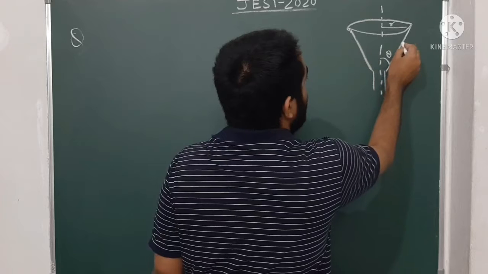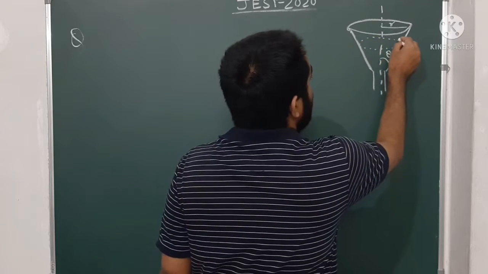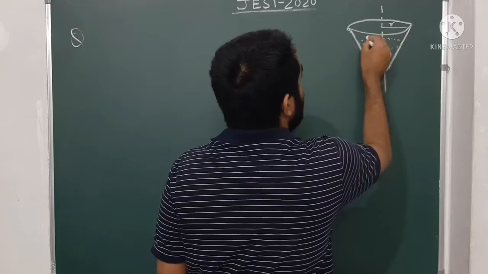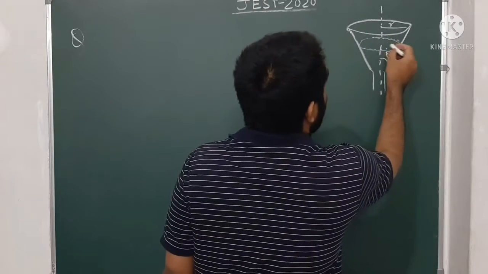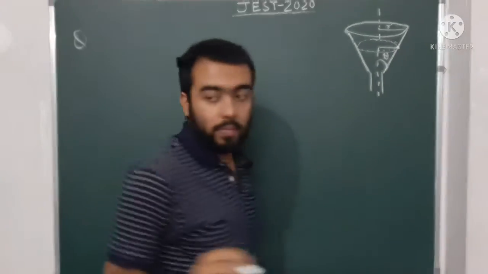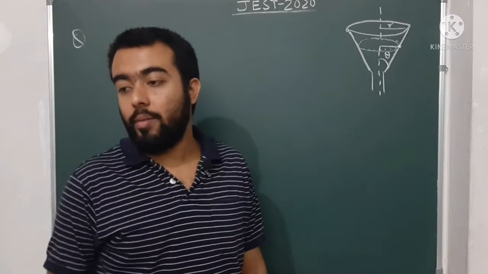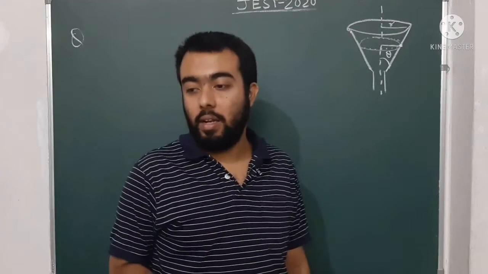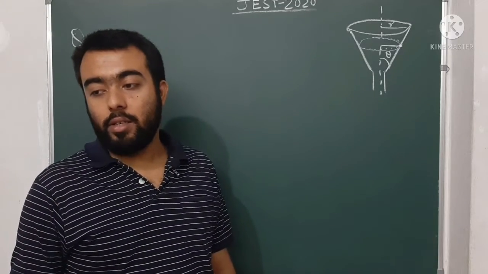So a particle is moving in circular motion. The surface of the funnel is frictionless. What must be the speed of the particle in terms of r and theta if it is to execute this motion?